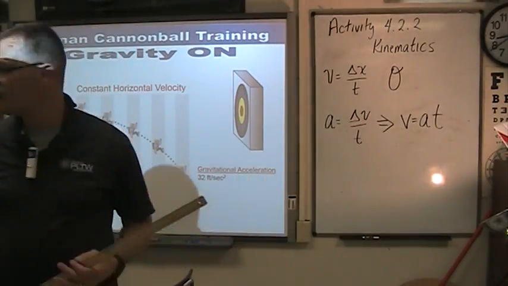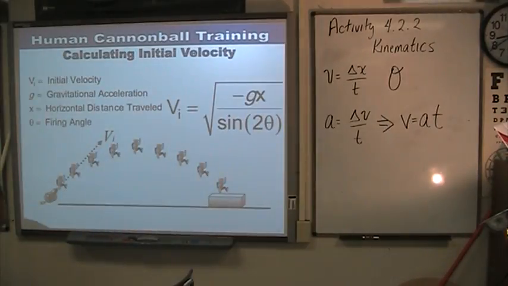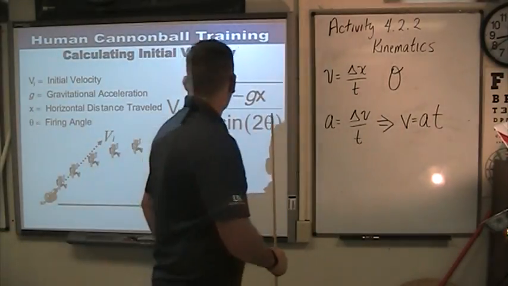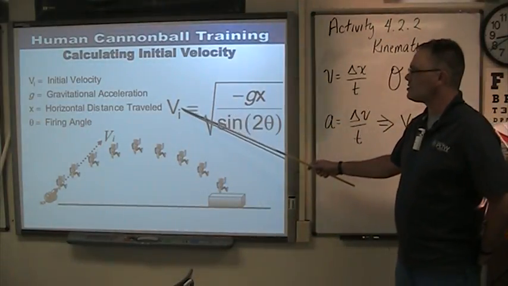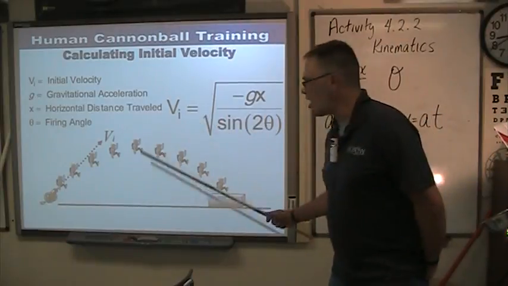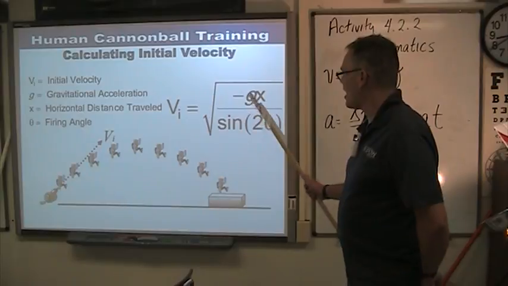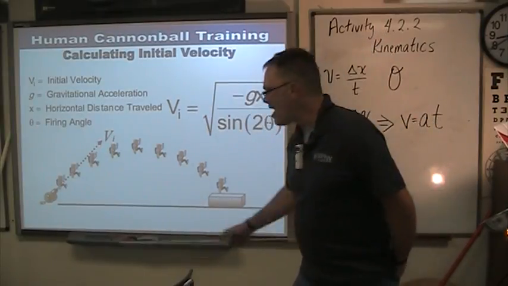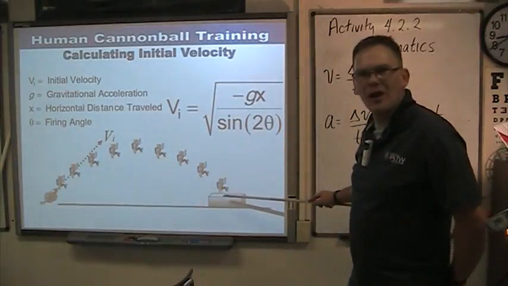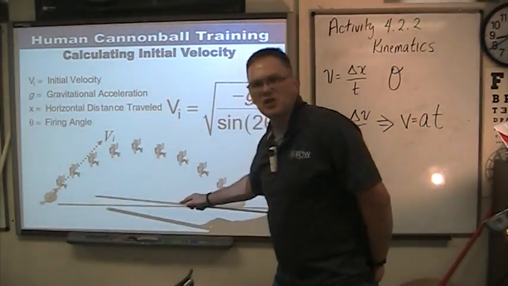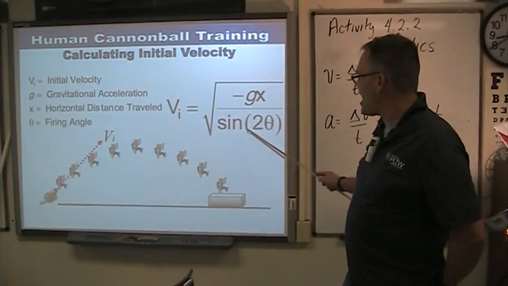Now, people have done experiments, and we have found out that we have something called a range equation. With the range equation, we can find the initial velocity of any object shot as a projectile by taking gravity multiplied by the range, which is how far from where it started to where it landed, just the horizontal distance, x, and dividing it by the sine of 2 theta.